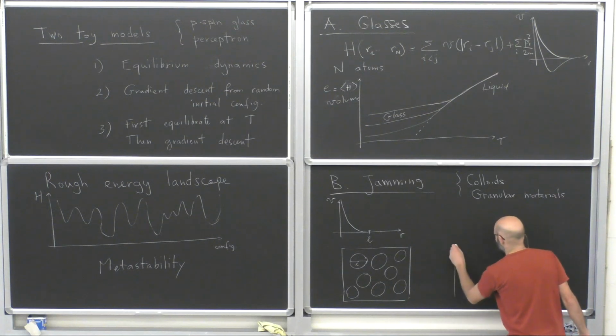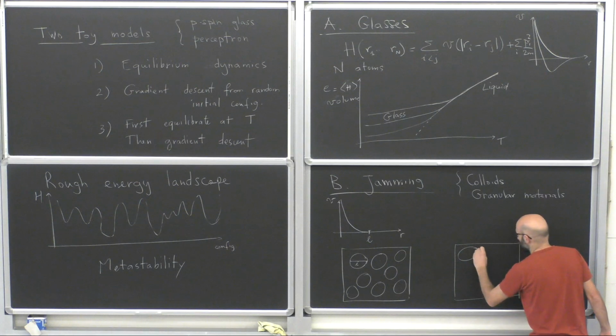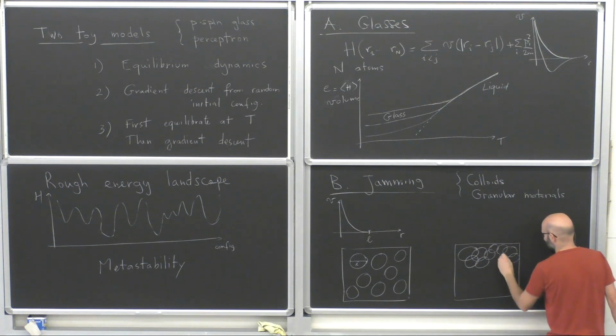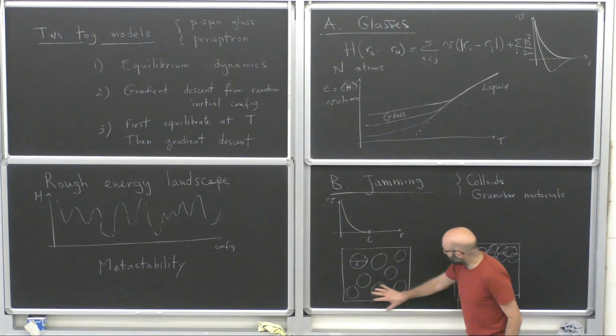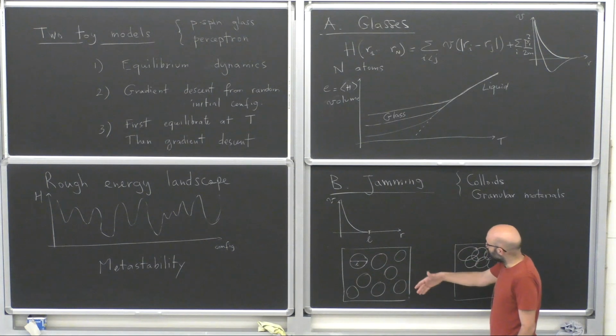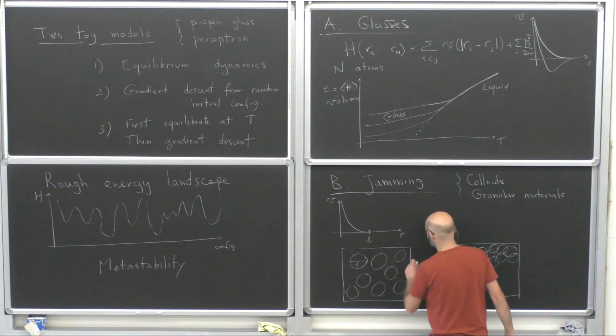And when you increase the density, you can have a situation like this, where the particles are repelling each other. So here, essentially, when you are at zero temperature in a situation like this, nothing moves, and the pressure is zero. There is no pressure.